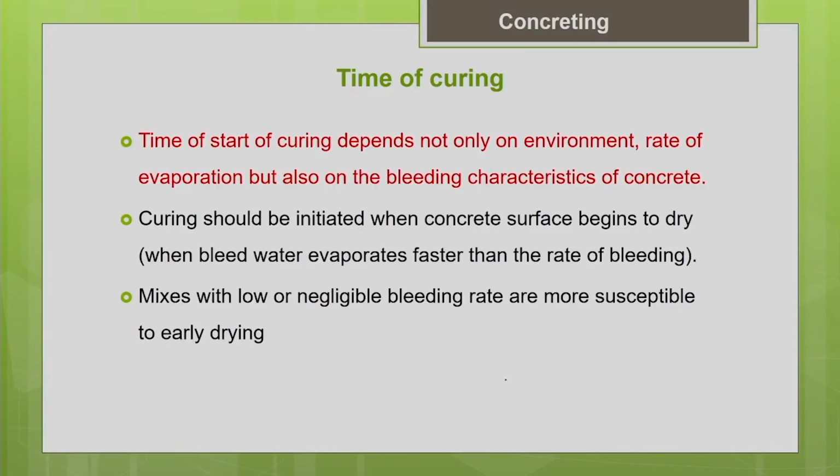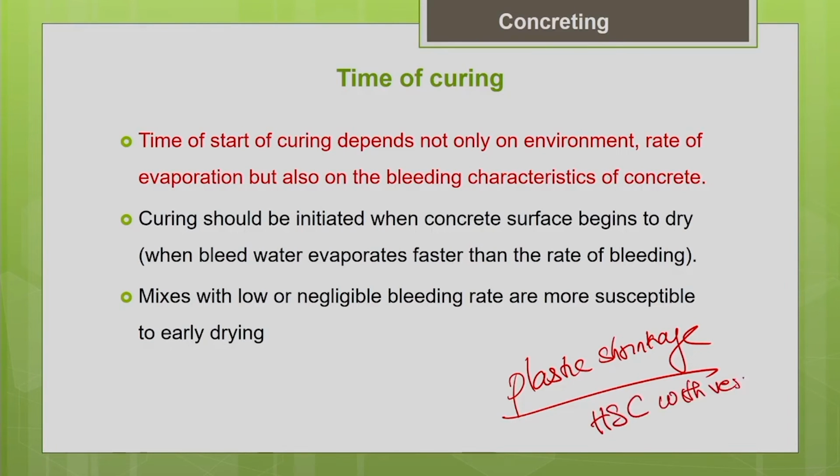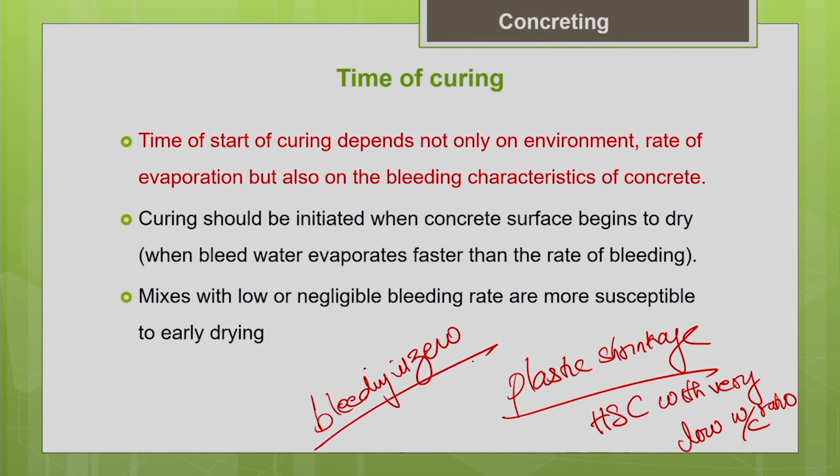They call it plastic shrinkage, the shrinkage which occurs in the fresh state of the concrete. Particularly it happens for high strength concrete mixes with very low water to cement ratio, where bleeding is zero or negligible.